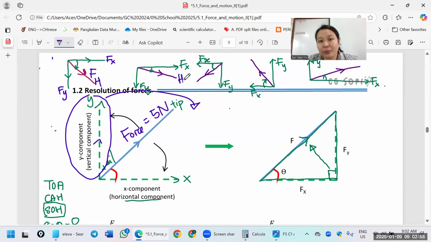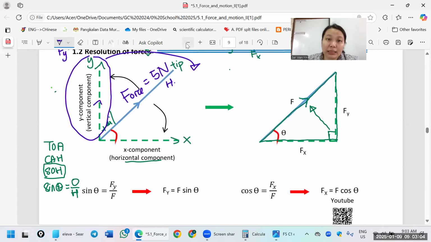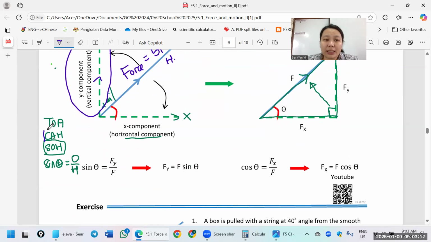As long as you need to resolve the force, the original force itself will become the hypotenuse. That's why, for resolution of forces, we only use cos and sine, because they're related to hypotenuse. That's why we don't use tangent.